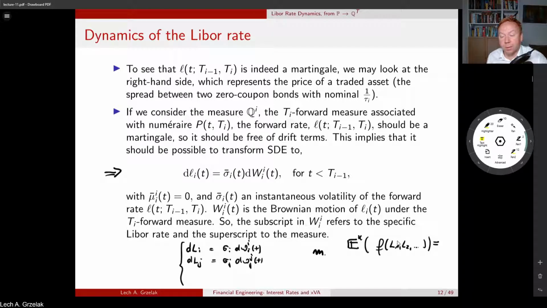We cannot do that, because those processes L_i have to be defined not under measure 1, measure i or measure j. All of them have to be defined under one measure k. This is also something we have seen previously in this course: there always has to be consistency between the measure in the expectation and the measure of the Brownian motions used to evaluate some expression.